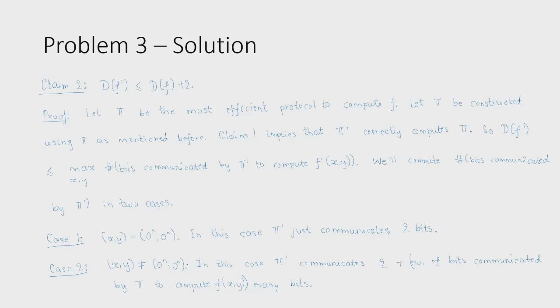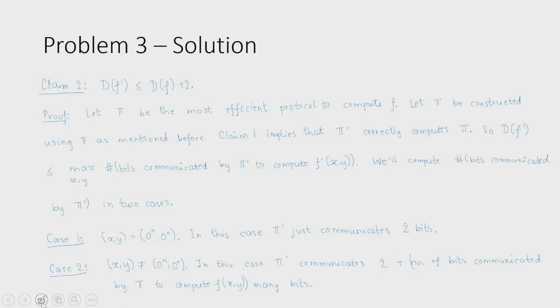Because what does pi prime do in this case? The first two messages would have looked like 0,1 or 1,0 or 1,1. And after that, pi prime just executes pi, right? Yeah. So the first two bits are accounted for over here and the rest over here.